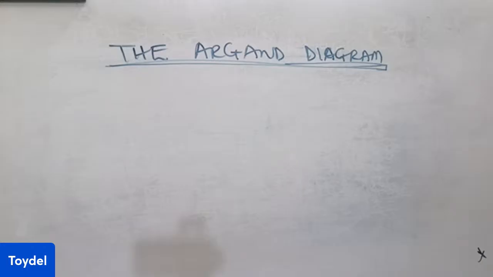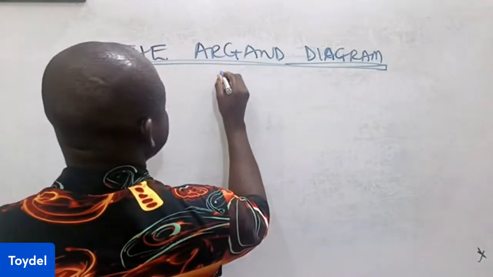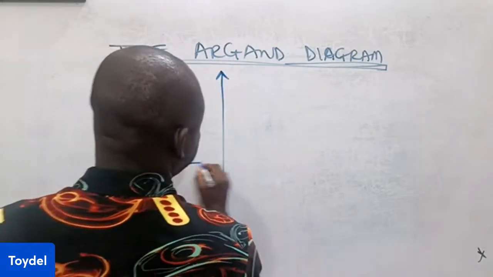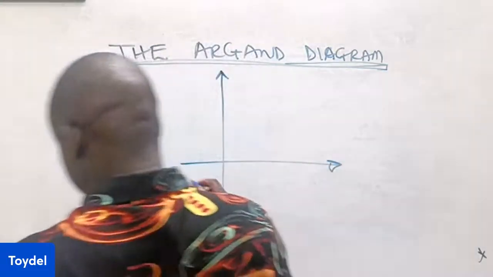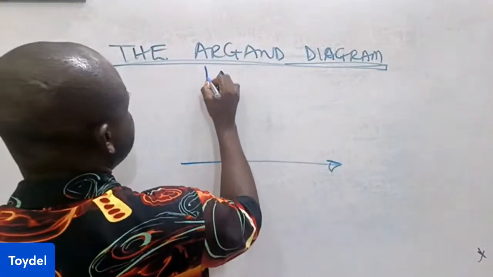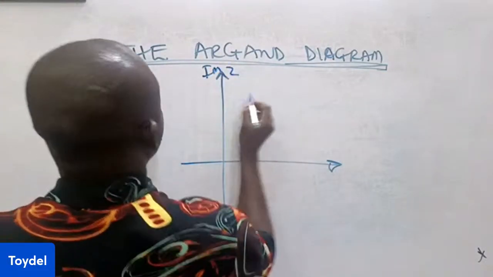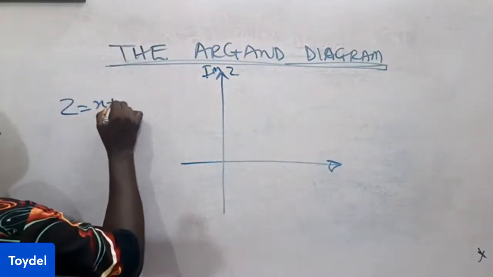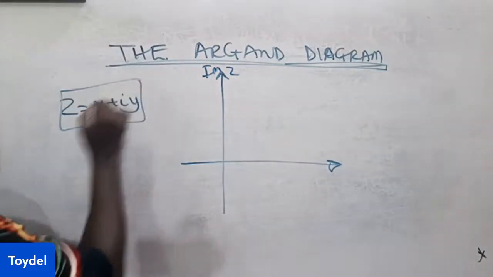Now in complex number, we have the real part and the imaginary part. Let's say this is the imaginary part of Z. Of course, Z is equal to x plus iy. That's for complex number.